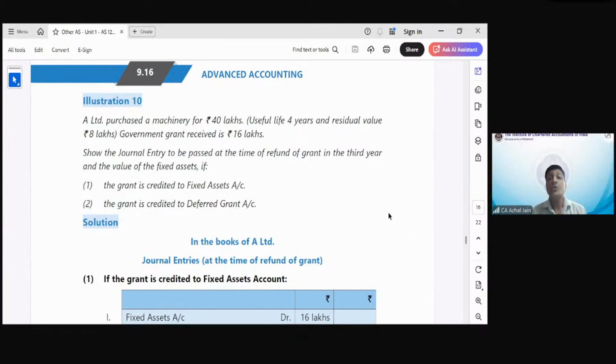You are required to show the journal entry to be passed at the time of refund in 3rd year, and also the value of the asset. Number 1, if grant is credited to fixed asset. Number 2, grant is credited to deferred grant. In both the cases, you are required to show this. Right? So let's look at this one by one.